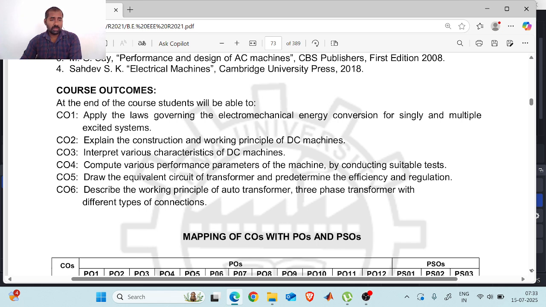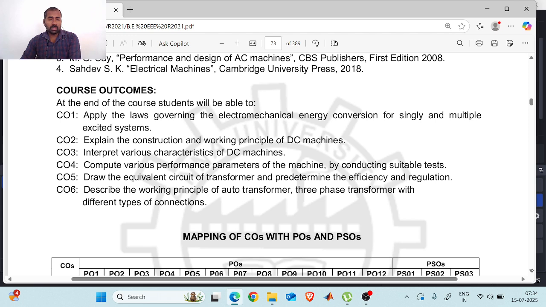So this is the first outcome. And explain the construction and working principle of DC machines, interpret the various characteristics of DC machines like DC motors and generators, and compute the various performance parameters of the machine by conducting suitable tests, right? So this is one of the outcomes.